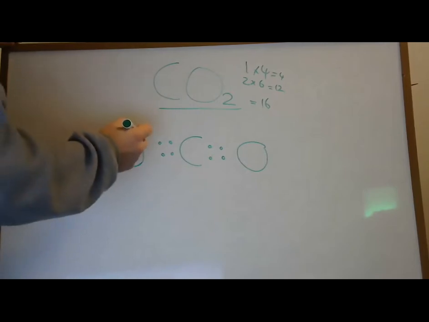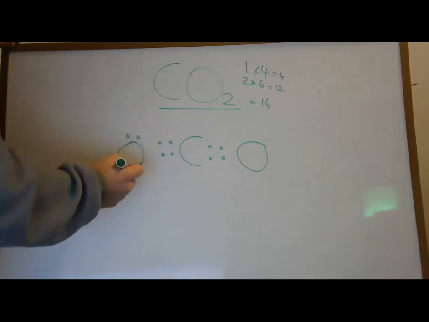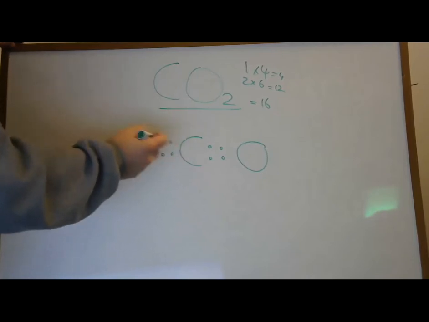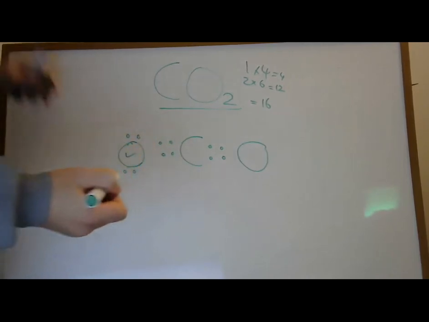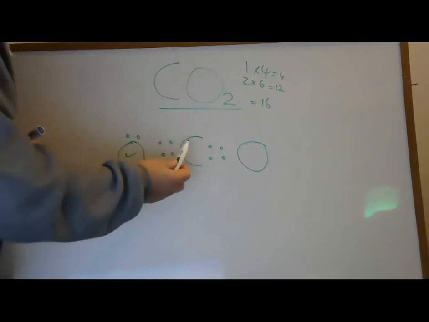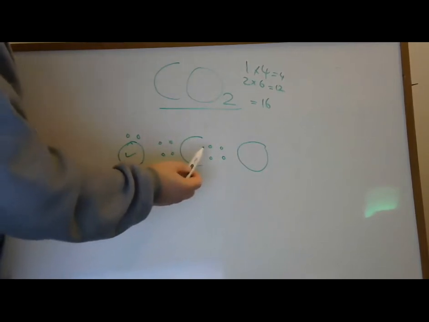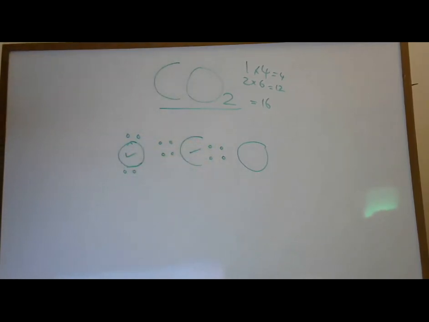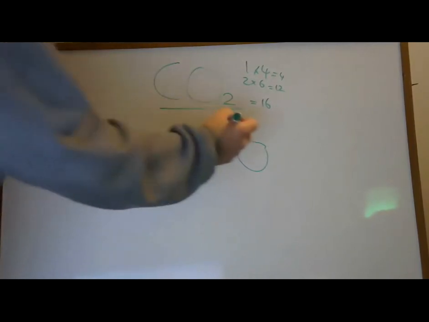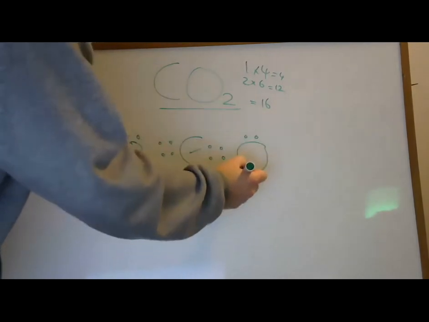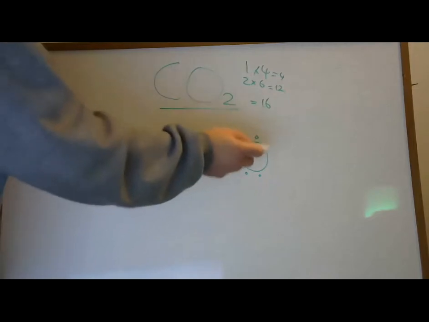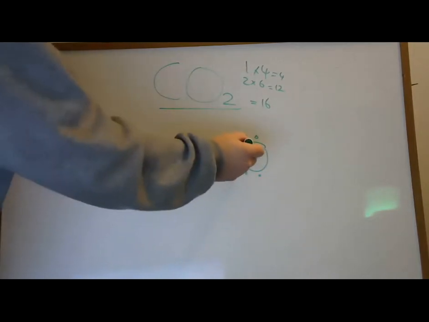We can then make octets, 1, 2, 3, 4. So 1, 2, 3, 4, 5, 6, 7, 8. Tick. Oxygen on here is good. Carbon here, 1, 2, 3, 4, 5, 6, 7, 8. He's happy. He's got this octet. 1, 2, 3, 4, 5, 6, 7, 8.